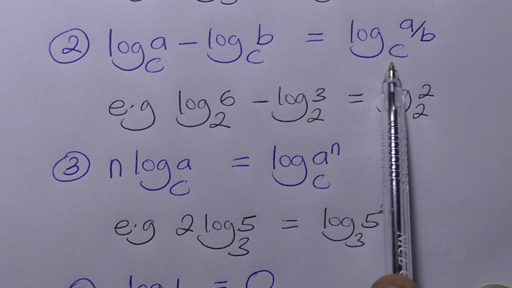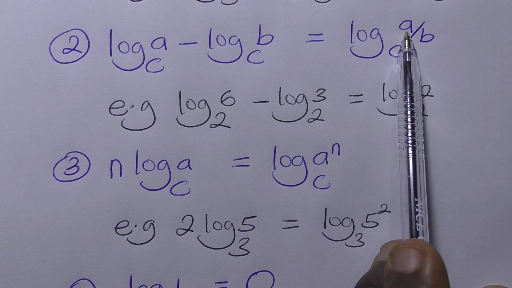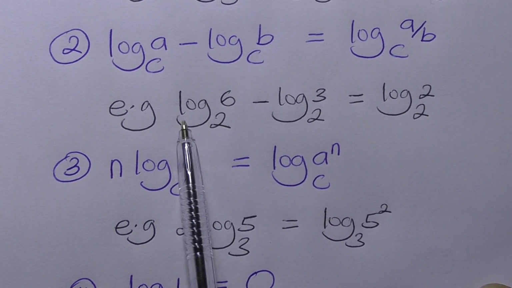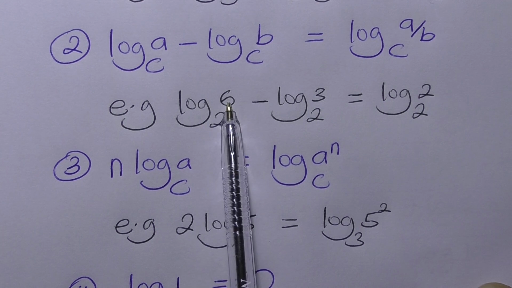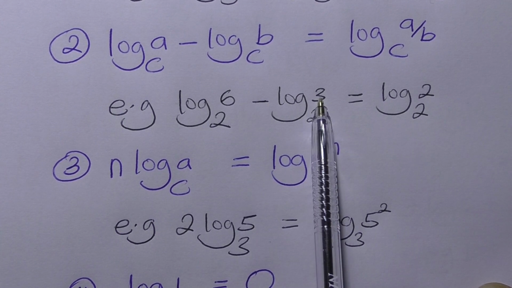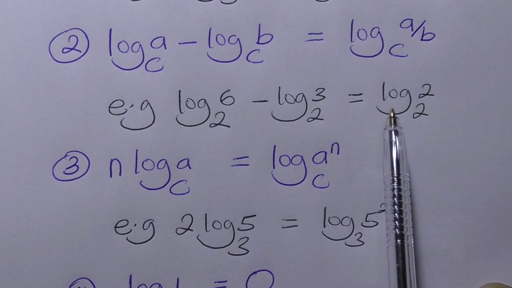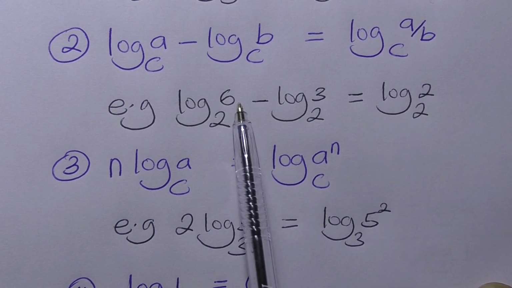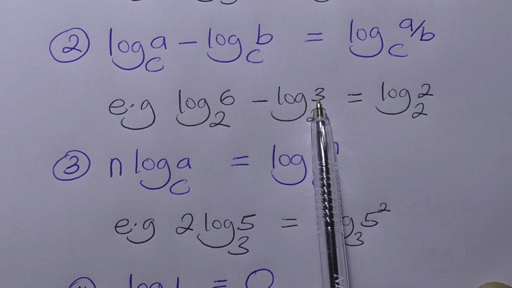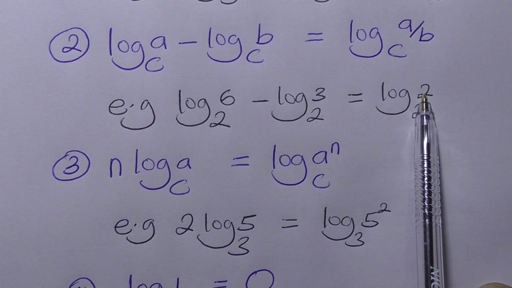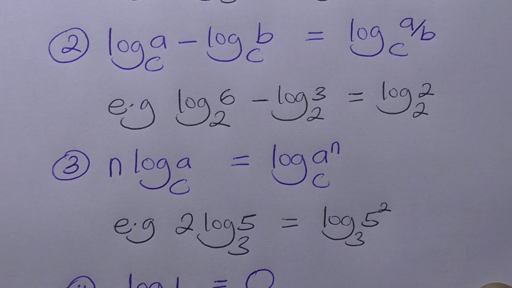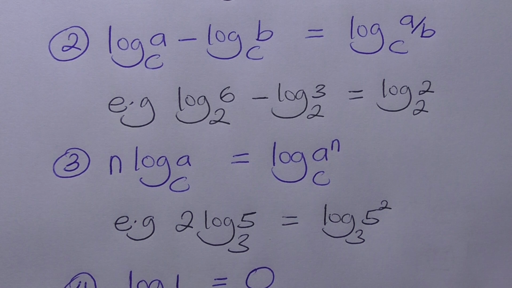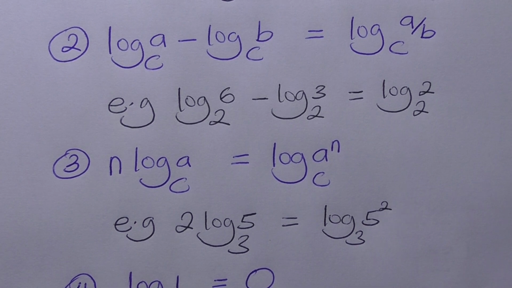That is to say, I will have log C A divided by B. For instance, we have log 2 power 6 minus log 2 power 3, hence giving us log 2, 2, which is 6 divided by 3, giving us a 2. That is how we deal with the subtraction of logarithms with the same bases.